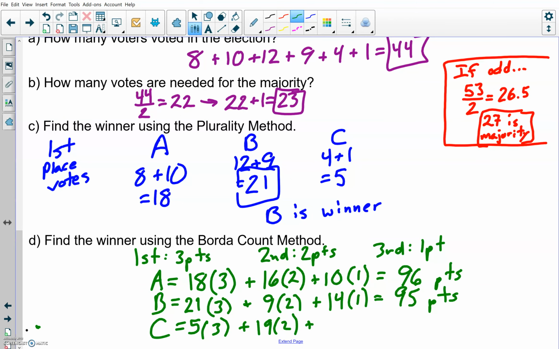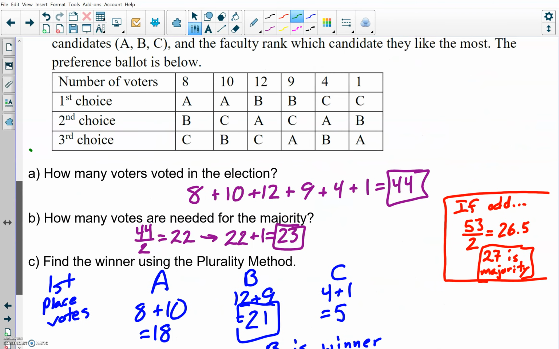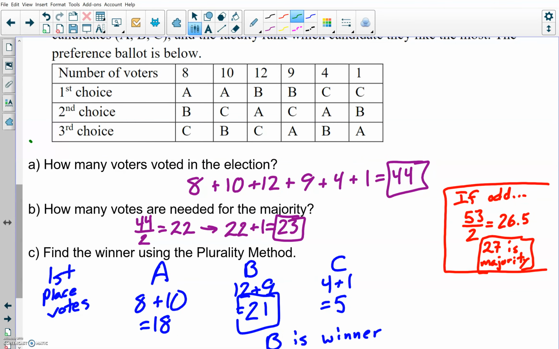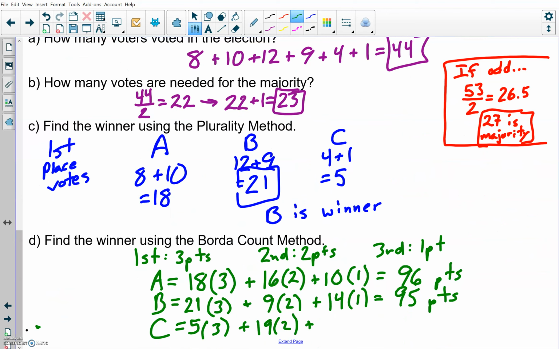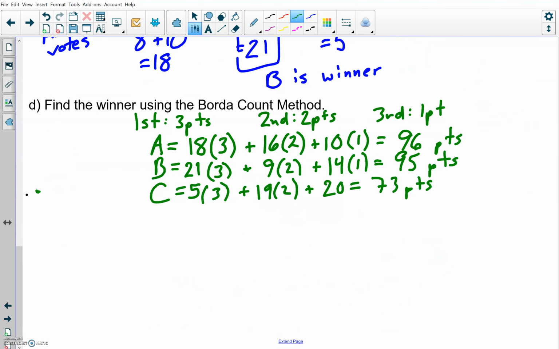And then last but not least, the number of times they were third place. C was third place 8 times, 12 more times, so 20 times. And when you add all these up, you get 73 points. By the Borda count method, A squeaks out the win. So A is the winner.